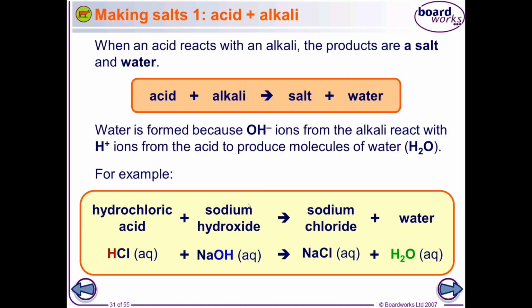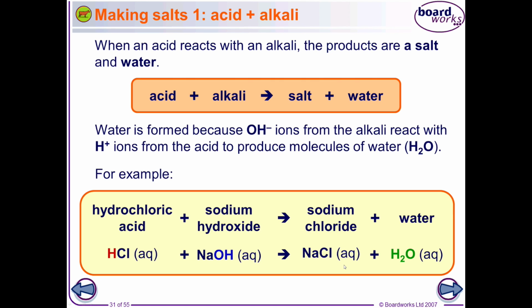Now, if you look at the bottom example here, we've got hydrochloric acid plus sodium hydroxide gives me the salt sodium chloride plus water. As you can see, chloride because I've used hydrochloric acid, and the sodium comes from the fact that I've used sodium hydroxide. Another thing to note at this point is that the salt I've made has the state symbol aq at the side of it.